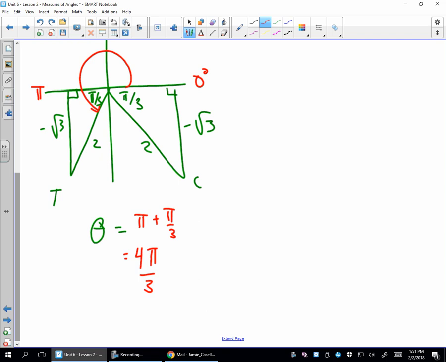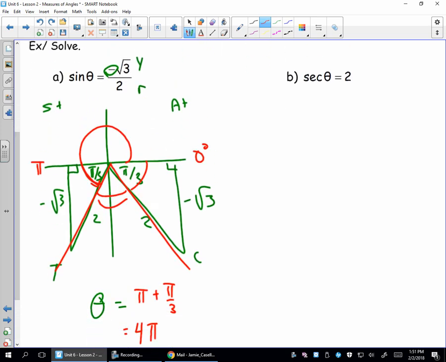If you think of this, this is a third, another third, and the third third. So my answers are 4 pi over 3, and the next one would be 5 pi over 3, right? If this is a third, then this is a third, and then that's the third third.